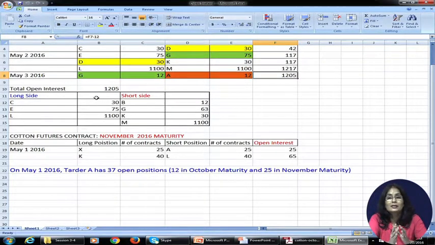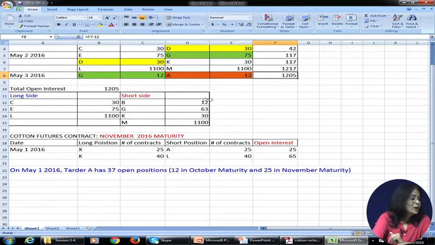1205 indicates the available number of long futures or short futures contracts available to be squared up before maturity. As on that date, this many contracts are available to be squared up. So we have to calculate either the long futures side or the short futures side, not both. So on this date, May 3rd, the exchange will report how many open interest is available.